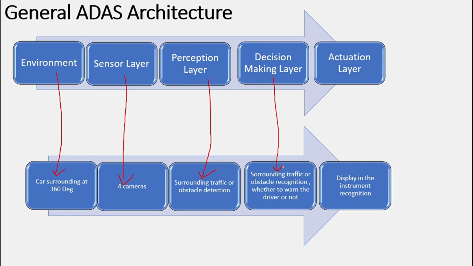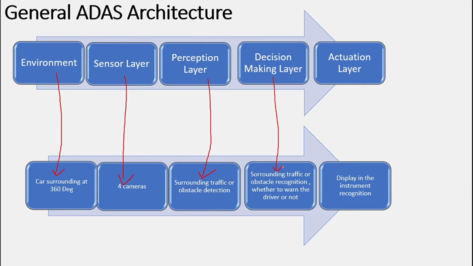For example, in the previous video, you saw as the vehicle is approaching the curb of another car, it made a slight beep sound. Okay, but if the vehicle is at a safe parking place, whether it's your parallel parking or your reverse parking, if the computer is sure that there is no impending collision, then it won't actually warn you. So that is where decision making comes.